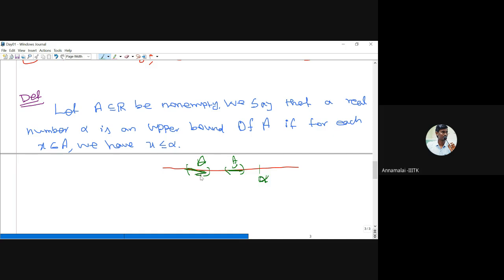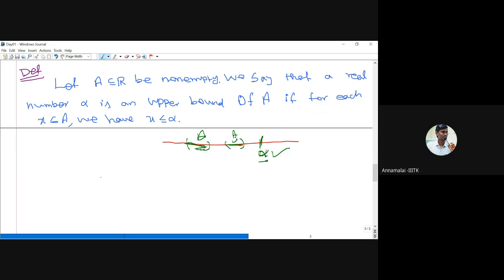In mathematical notation, we can write using the quantifier: alpha is an upper bound of A if for every element x in A, x ≤ alpha. Okay, so this is the definition.